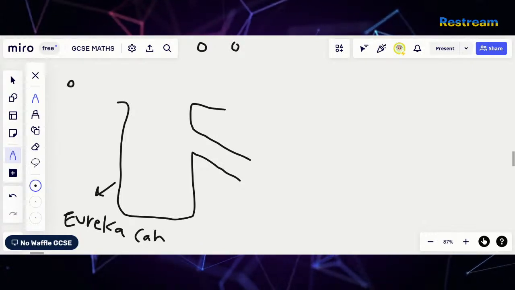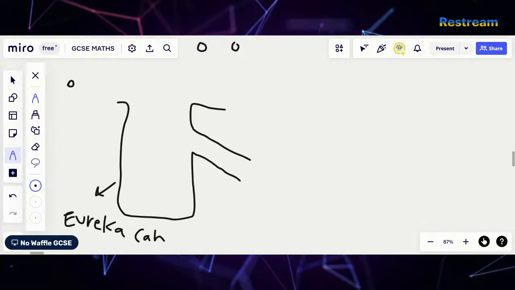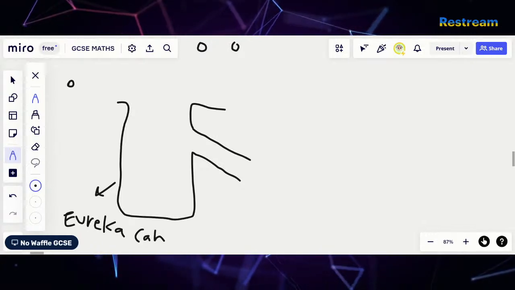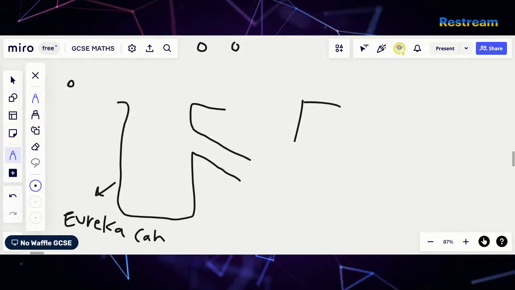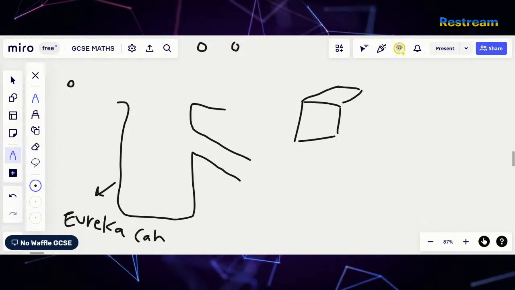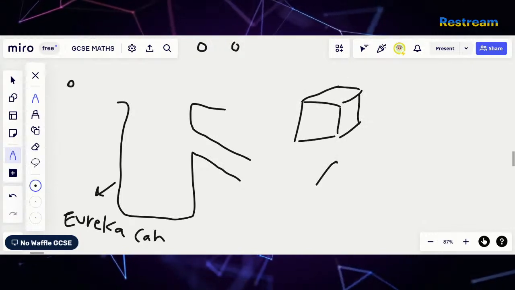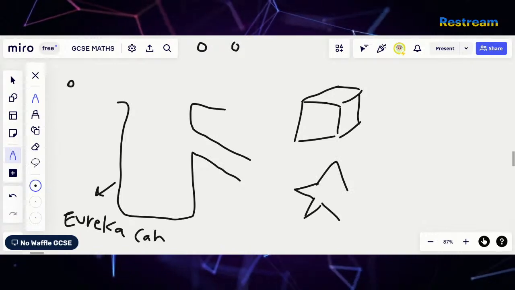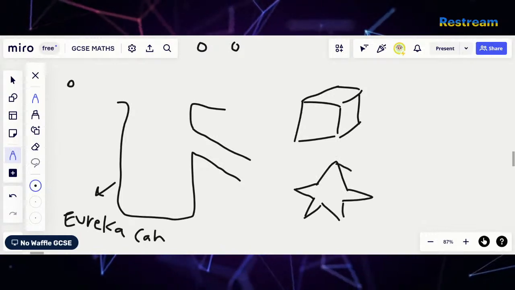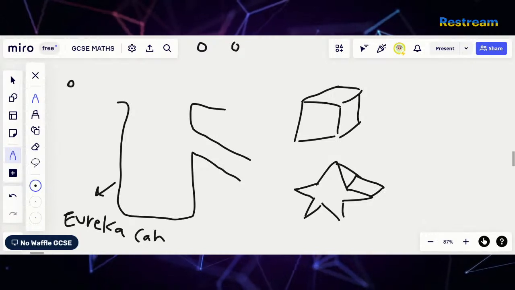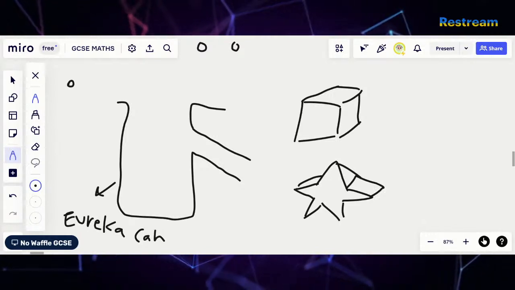Normally the density can be found by using a balance to measure mass and then using a ruler to measure the volume of something like a cube, for example. However, it's very difficult to measure the volume of an irregular shape such as a star. So you can do this using the eureka can.